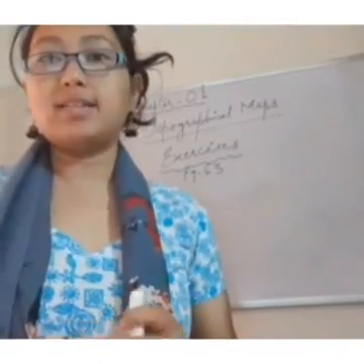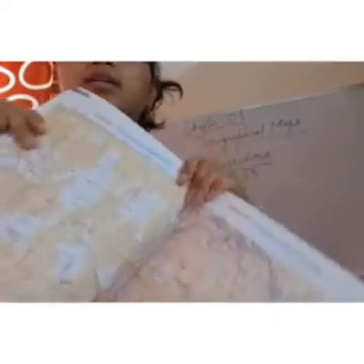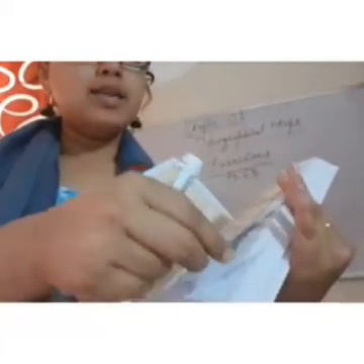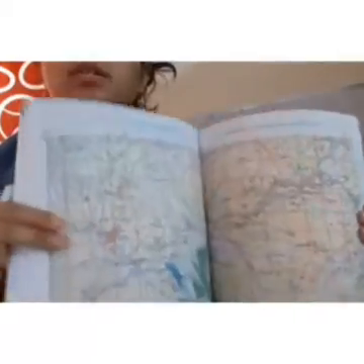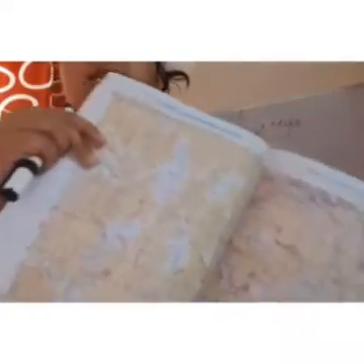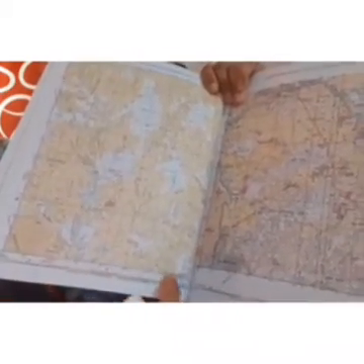So let's start. Okay, class 10, these are your maps. This is appendix number 1, this is appendix number 2 and appendix number 3, right? So we call it topographical map. So now just see the easting reading. Easting reading is this, right?